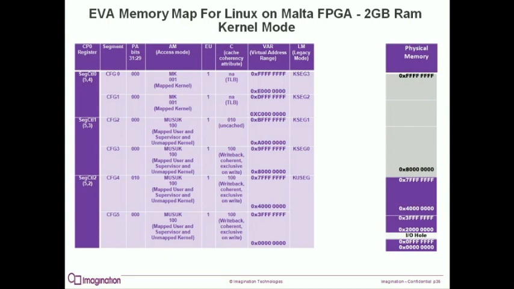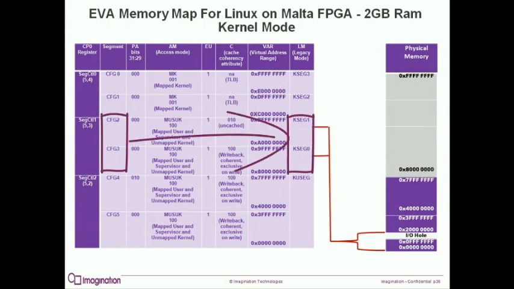This first memory map is of the Linux kernel when running in kernel mode. Segments CFG3 and CFG2 correspond to the old KSEG0 and KSEG1 regions and directly map to the lower 512 megabytes of physical address, which encompasses the low 256 megabyte RAM area and I/O space.